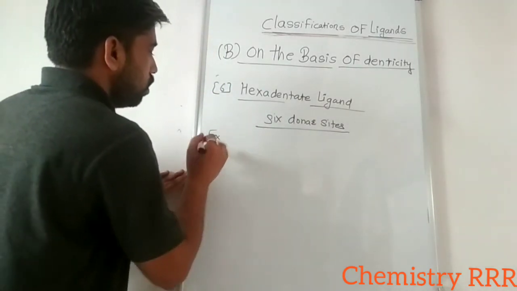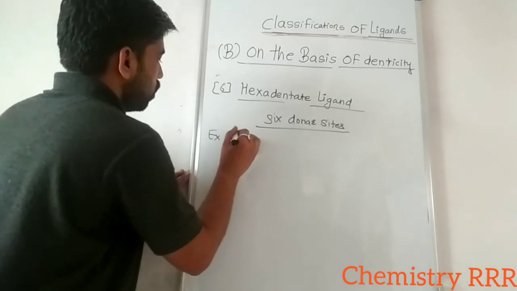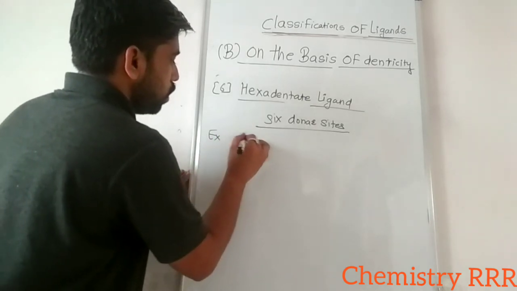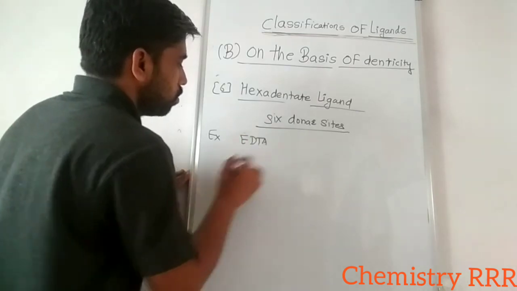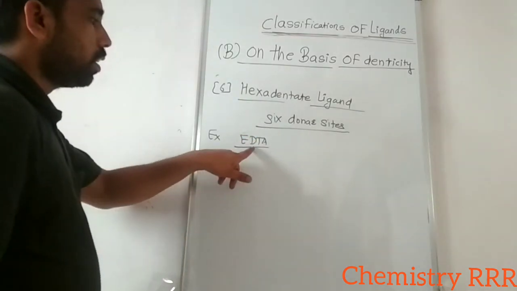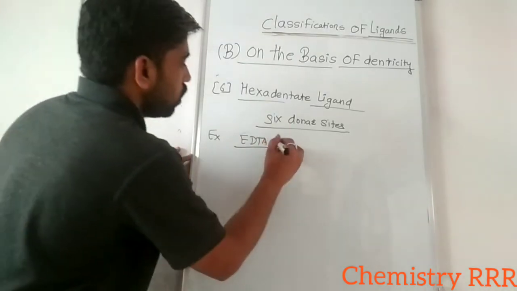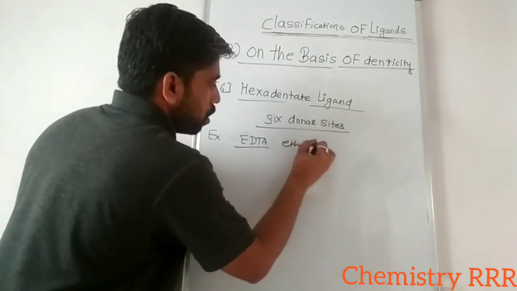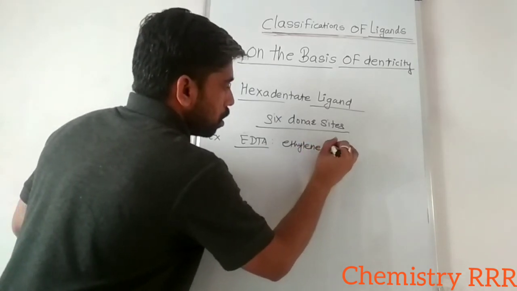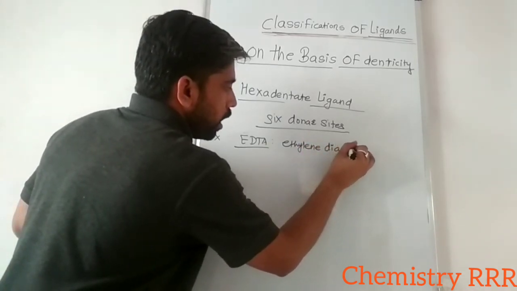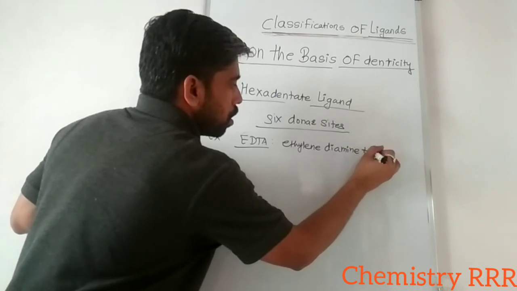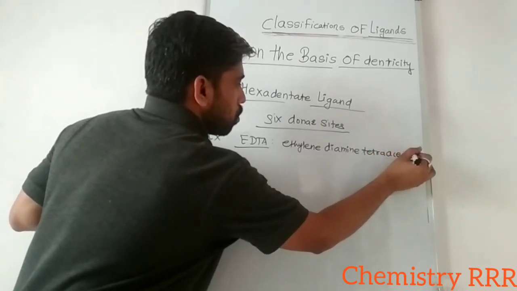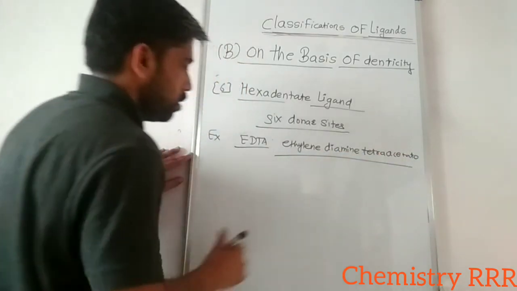For example, EDTA. Example is EDTA, ethylene diamine tetraacetato. The full form is ethylene diamine tetraacetate. That's the structure.